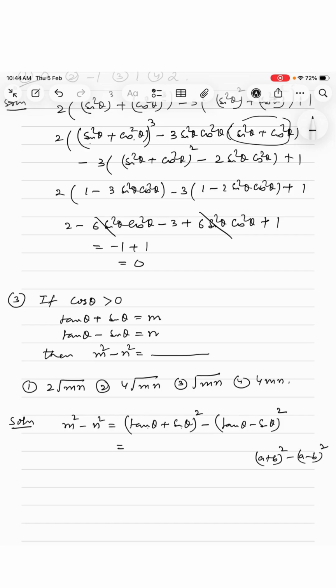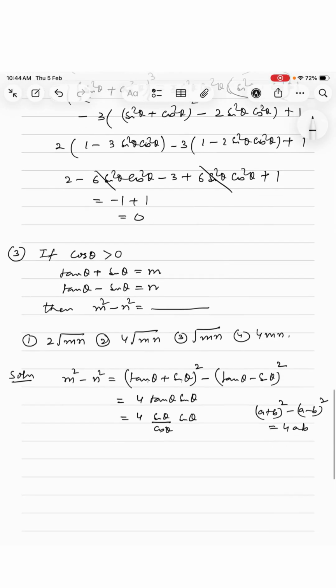Do you know? It is always equal to 4ab. So therefore it will be 4 into tan theta into sin theta. This is 4 into sin theta by cos theta into sin theta. This is 4 into sin square theta by cos theta.